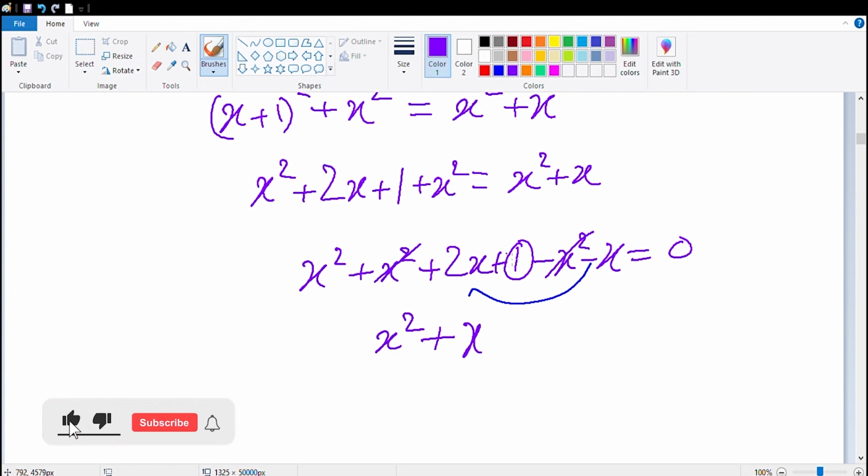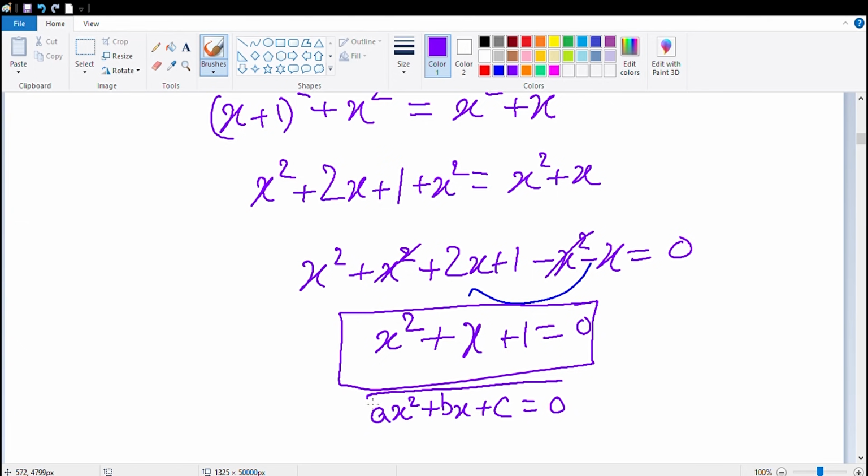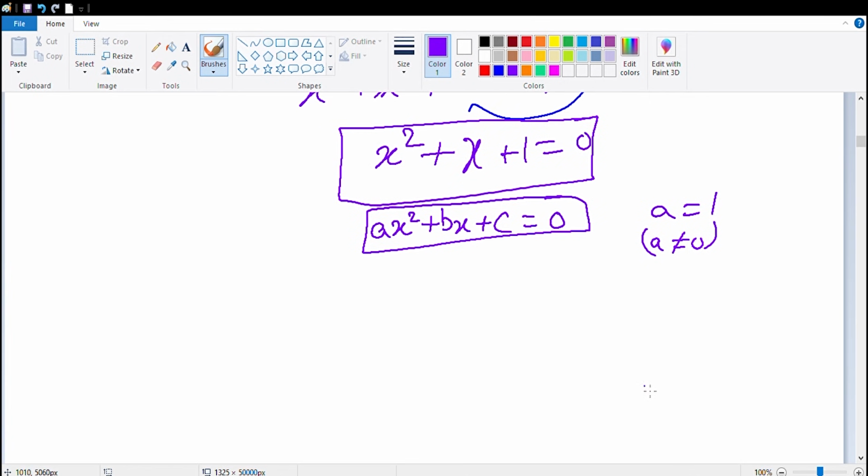And then we have plus 1, so plus 1 is equal to 0. We can see here that this is a quadratic equation, and on top of that, it's a quadratic equation written in standard form, in the form ax squared plus bx plus c is equal to 0. It's written in this form, isn't it? And a is equal to 1, so a is not equal to 0.